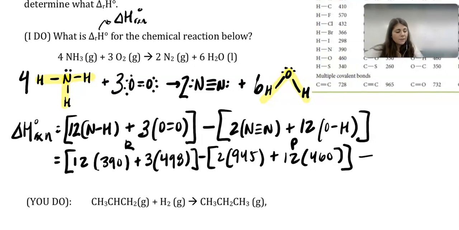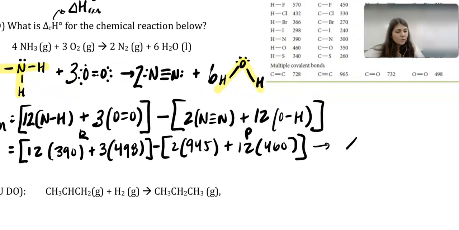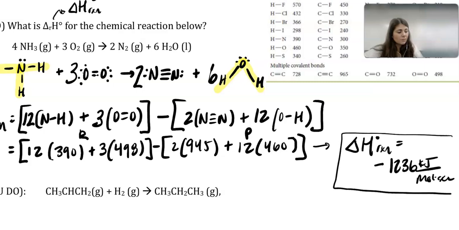Here, adding all of this up, you do get the delta H of the reaction as negative 1,236 kilojoules per mole of the reaction. So this would be an example of how we can get a delta H for a reaction.